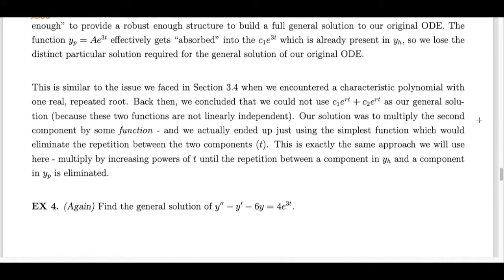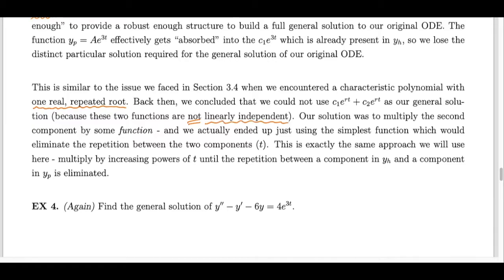In the next paragraph, I remind us that this is similar to the issue we ran into back in section 3.4. In section 3.4, our characteristic polynomial had one real repeated root, say r. And back then, we were tempted to just use e to the rt and e to the rt as two separate functions to build our general solution out of, but we couldn't do that because those two functions were not linearly independent.